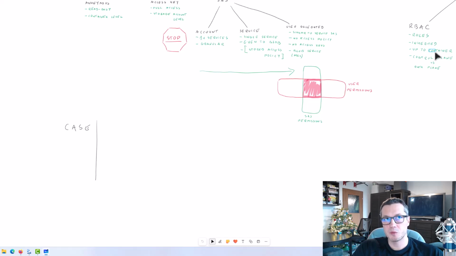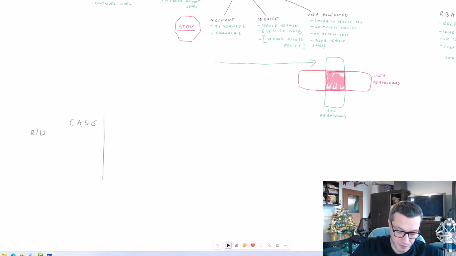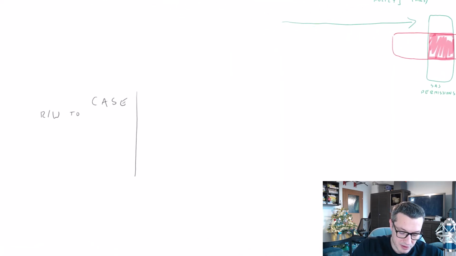The first one would be that we want to grant someone read or write access to a specific container, but only to a single container, not to every container out there. So that would be our first case.